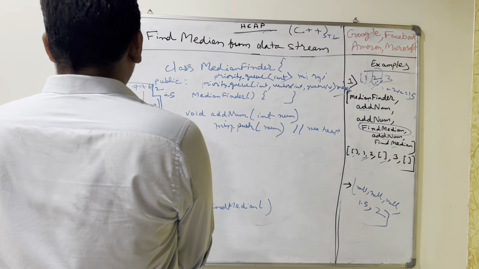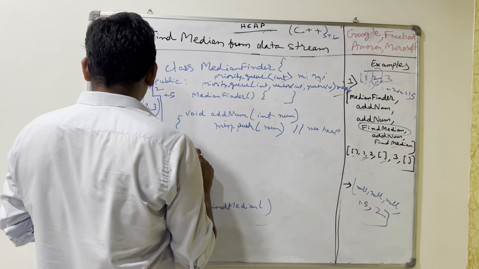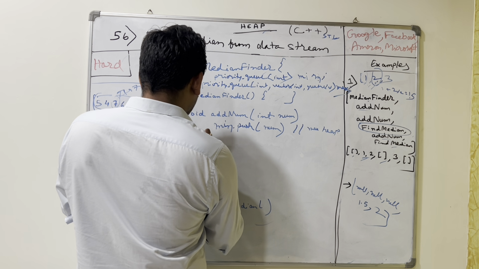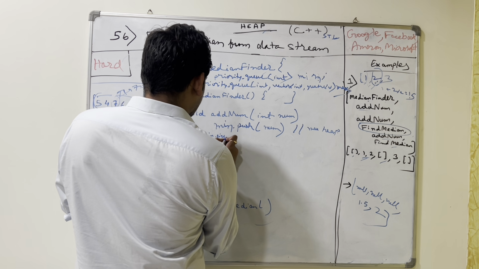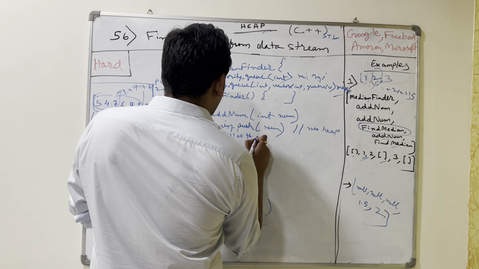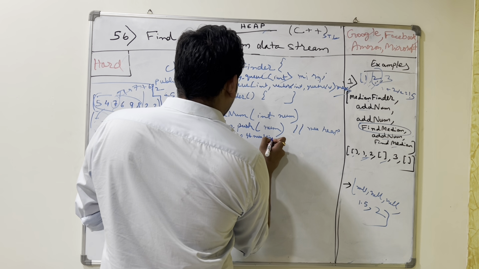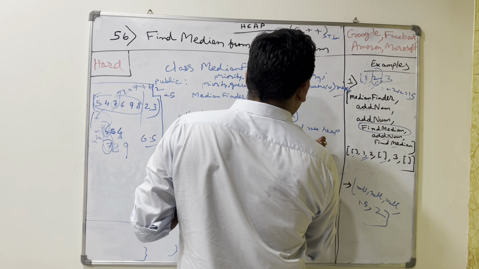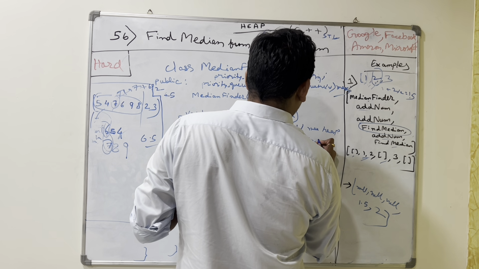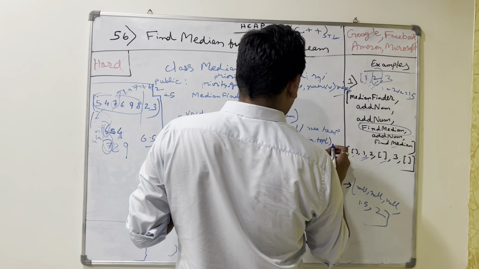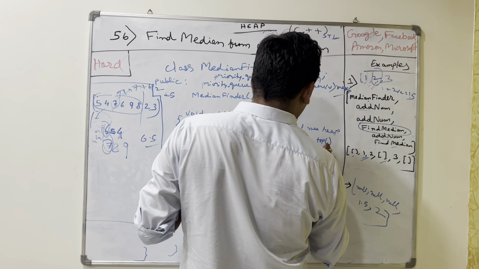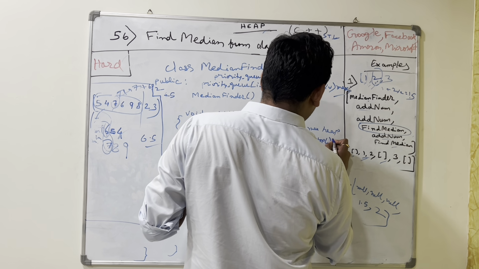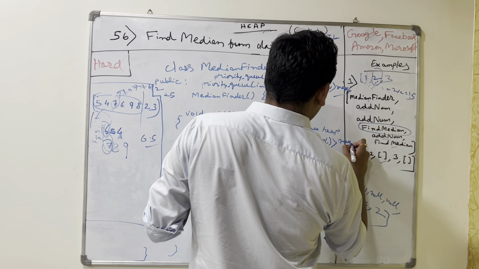Now when we have pushed the value, what do we do? We will check if min dot size is not equal to 0 and max dot size is not equal to 0, and min dot top is greater than max dot top.